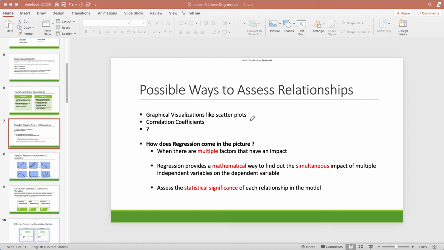And then after that, there are correlation coefficients, which you might already be familiar with. So let's first talk about these two ways of assessing the relationship between x and y. And then I'm going to talk about why we need regression analysis and what the main benefit of using regression analysis is. So let's first talk about scatter plots.